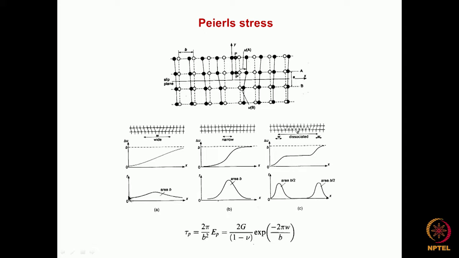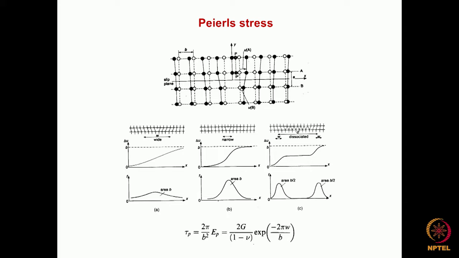So if you look at the slope of this, then over a large number of planes which are further away from the dislocation line or the core of the dislocation, the displacement is taking place. This is what happens in the case of a metallic system.